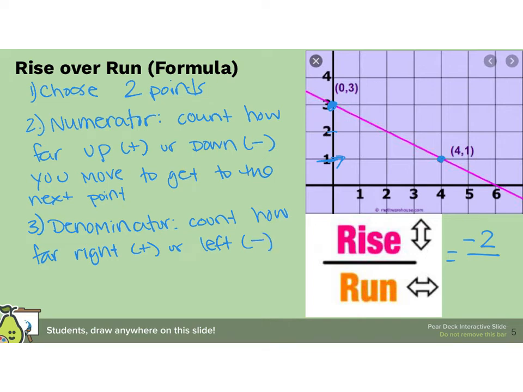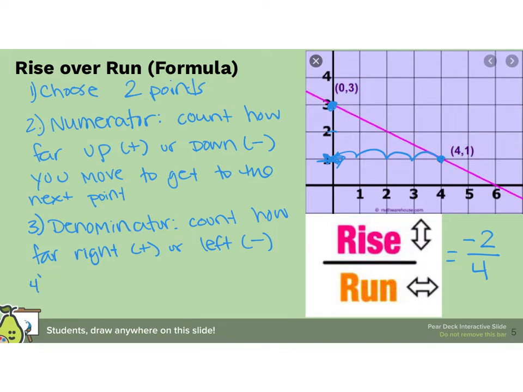And it's to get to that same point. So I'm here now. I started up here, I moved down twice. That puts me here. So how far to the right or left am I going? Well, I'm not going left, I'm going right. So it's 1, 2, 3, 4. Positive 4. So there's my slope.